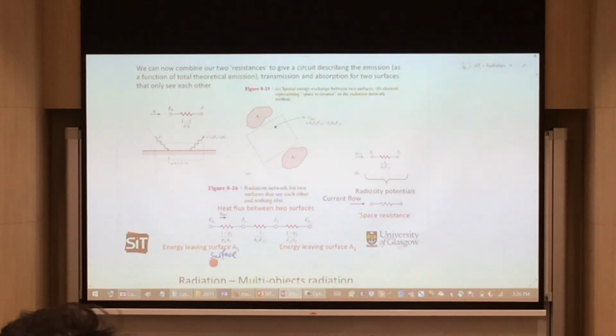And this part would be the energy that's leaving surface A2, and this resistance is also a surface resistance. And in between them, because there's a space in between them, we call this our space resistance.